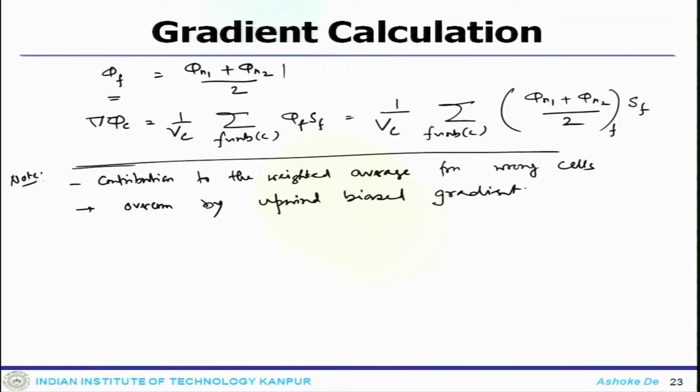And if you use some sort of a higher order upwind biased calculation, the computing overhead also goes up. That is a little bit involved, and if you move from 2D to 3D, that becomes a bit tricky. So that is how one can use the compact stencil and calculate the flux variable at the face.